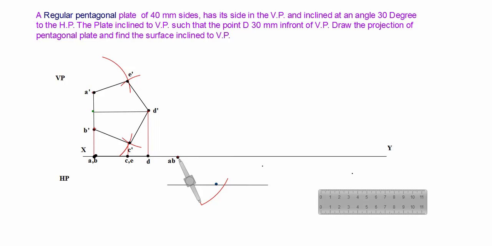So it is giving our exact D point, which is already given as 30 mm in front of VP. So I mark the position of plan point D.